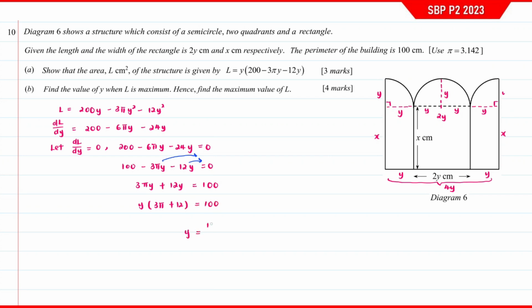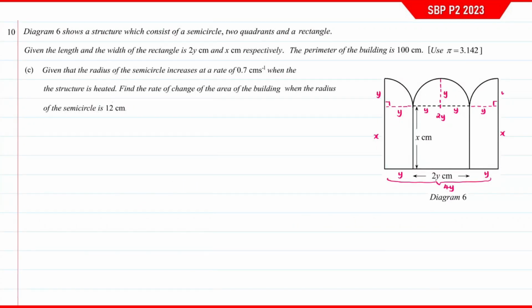Then y is equal to 100 divided by 3 pi plus 12, which is equal to 4.667. So to find the maximum value of L, we're going to substitute the value y, 4.667, into the equation L. So the y here, we're going to substitute it with 4.667. Then the maximum value of L will equal 466.72.